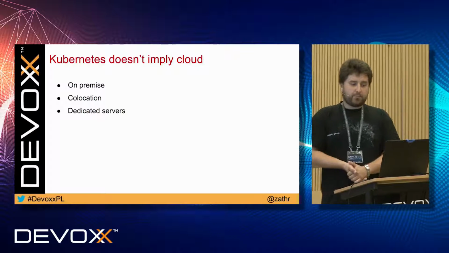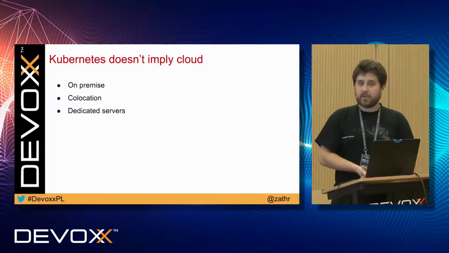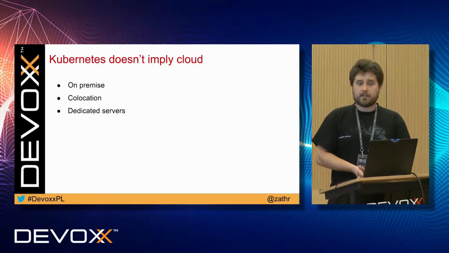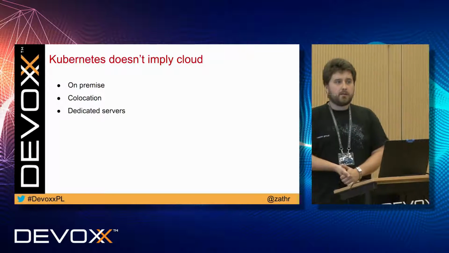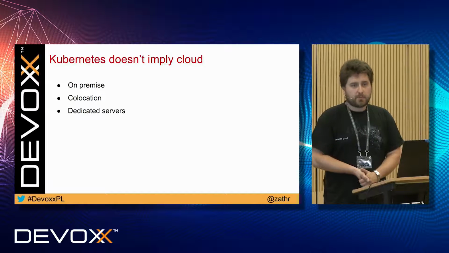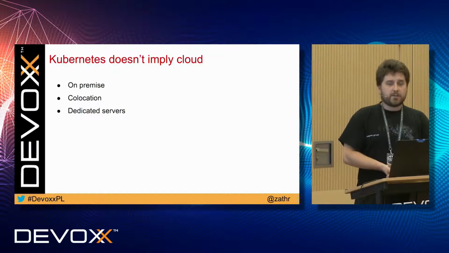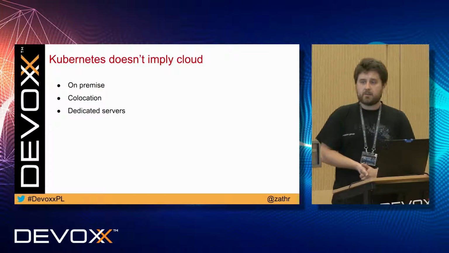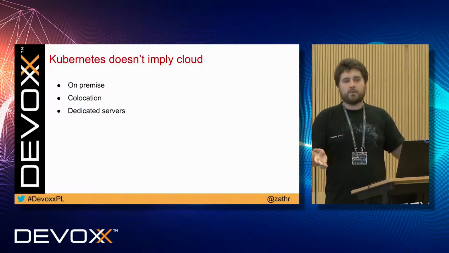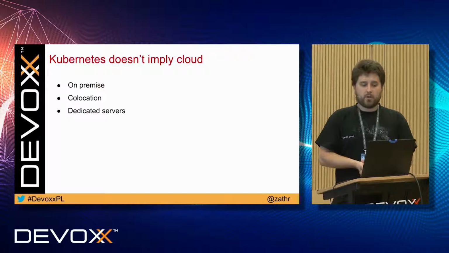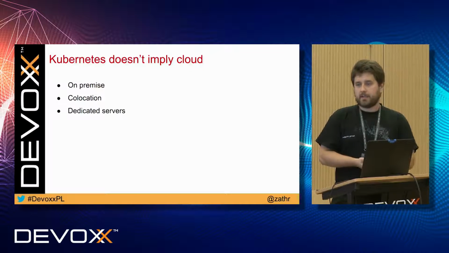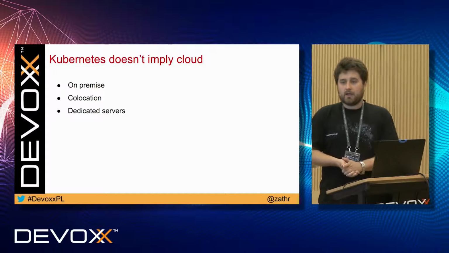Kubernetes doesn't imply cloud. We have been running clusters on bare metal from the beginning, well, there were some issues, but it saved us a lot of money. So if you are fine with scalability, like new server within 24 hours, you're good to go with dedicated servers, let's say in Hetzner, like we do.